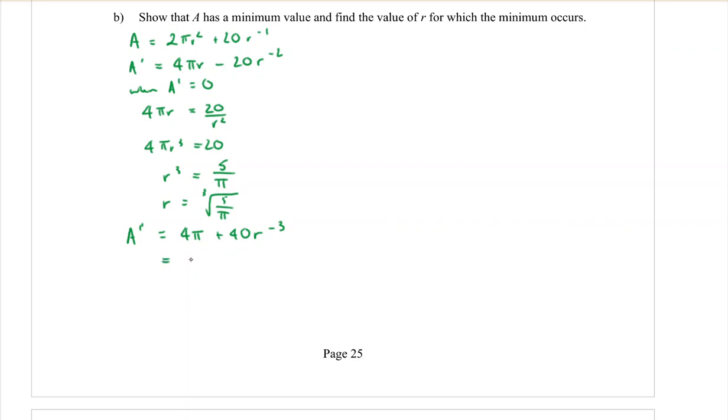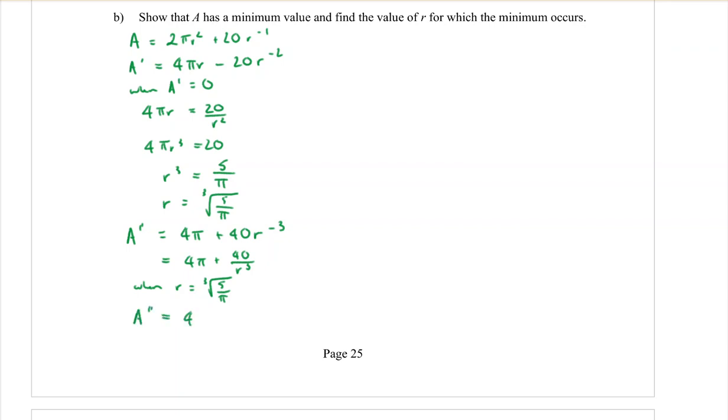So that is 4 pi plus 40 over r cubed, if you want to put it back in fraction form. And I need to sub in my value of r. So when r is equal to that really lovely number, cube root of 5 over pi, potentially we could do this as a decimal from here because we're only really interested in the size, not an exact solution here. We would sub that into our second derivative.